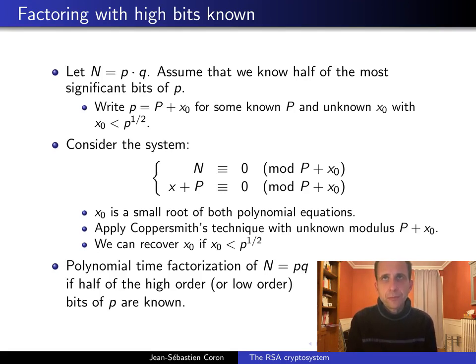So to recover x0, we consider the following system of two equations, where we have that n is congruent to 0 modulo small p, which is equal to capital P plus x0, and we also have that x plus P is congruent to 0 modulo P plus x0, because when we replace the variable x by x0, we get capital P plus x0, so this is congruent to 0 modulo this.